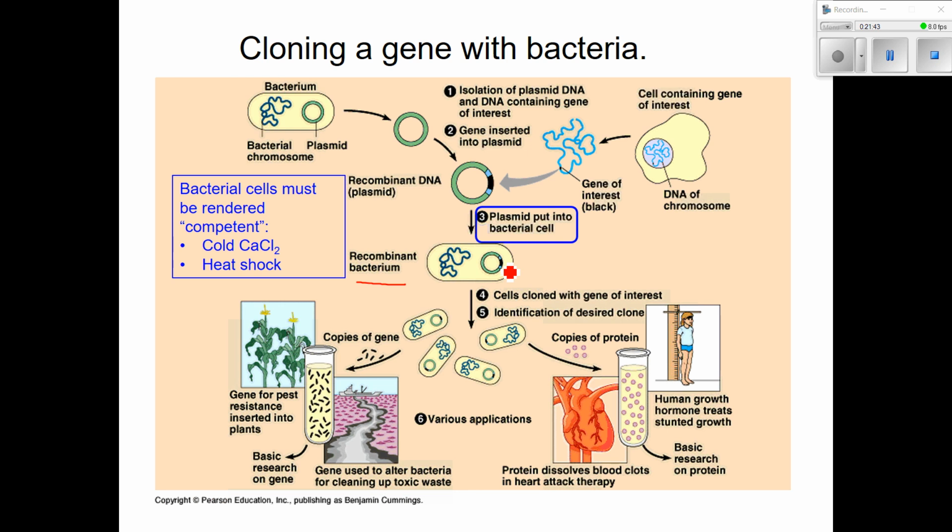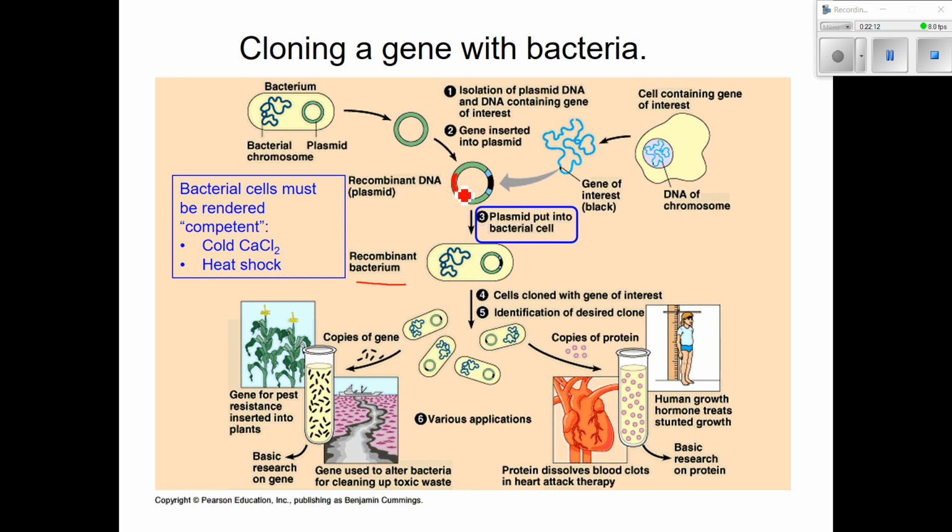Now you might wonder, how do you know? How do you know if you've been successful at getting the bacteria to take up the plasmid? How do I know that this bacteria is actually going to be able to make some insulin for me? Well, one way to know, and this is kind of clever, I think, is in addition to introducing, say, the human insulin gene, on the other side of the plasmid, you could add another gene.